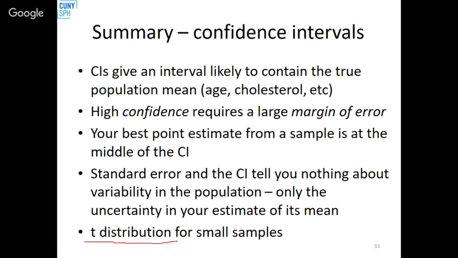Yep, that is true. The larger your sample size, the closer your estimate of the standard deviation will be to the population standard deviation. For n equals 500, your estimate of the standard deviation will be very close to that of the true population standard deviation.